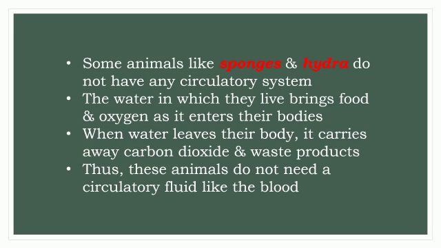The water in which they live brings food and oxygen as it enters their body. And when water leaves their body, it carries away carbon dioxide and waste products. Thus, these animals do not need a circulatory fluid like the blood.